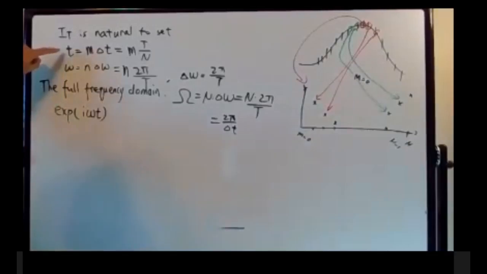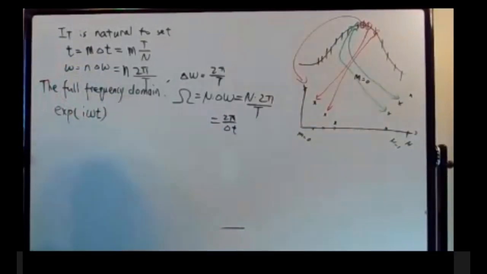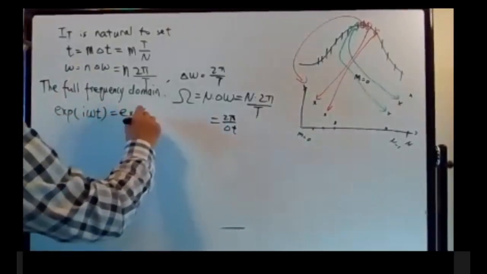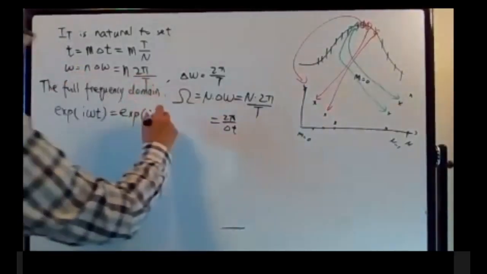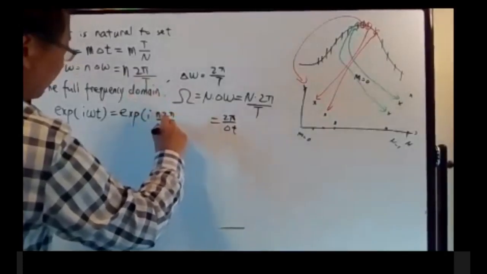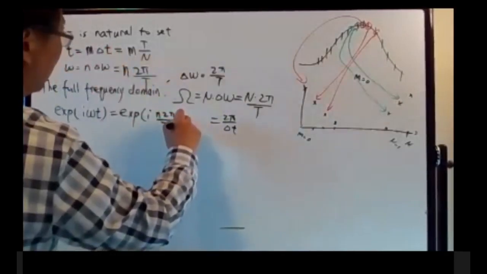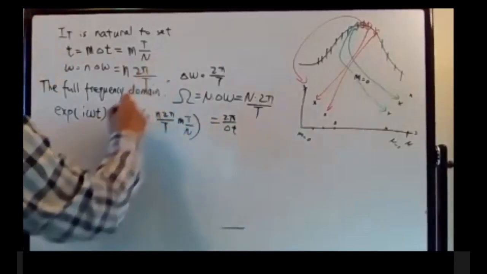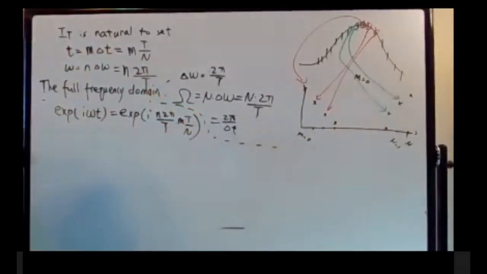So we also want to write exponential i omega t, all in the expression of the discretized Fourier transform. So in the discretized domain, what is omega? The exponential of i omega t, where omega is n times 2 pi over T, and t is m capital T over capital N. It's not continuous moving there.